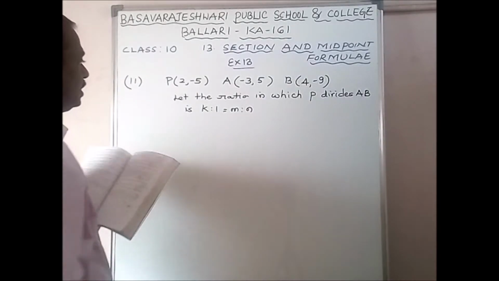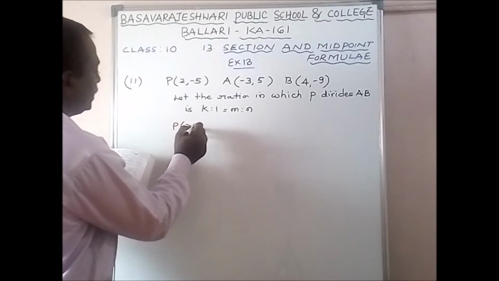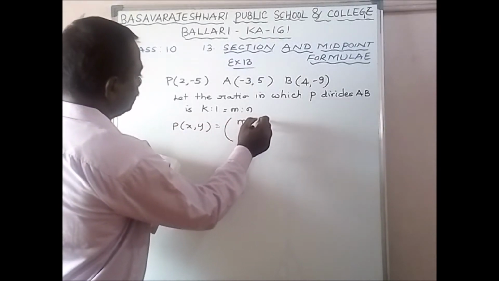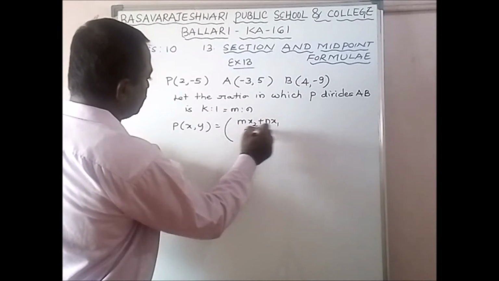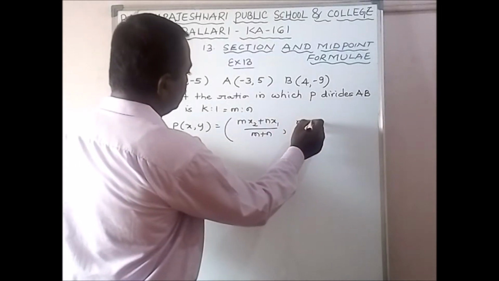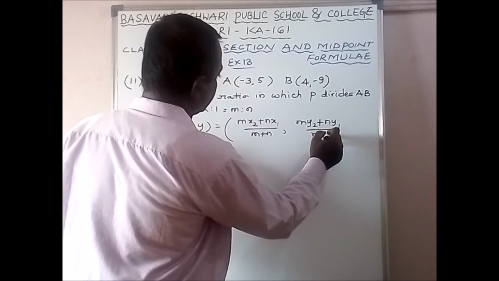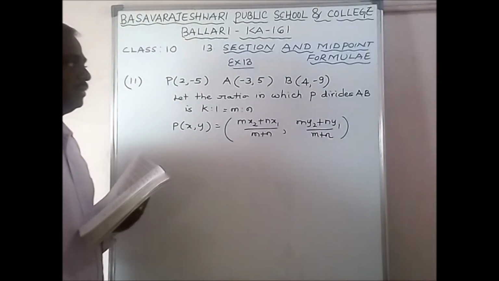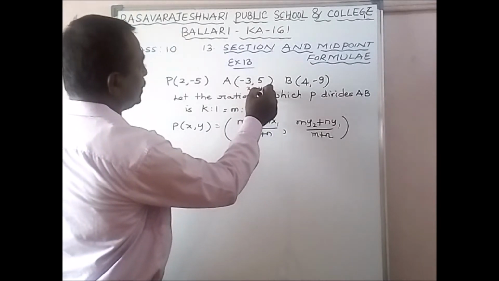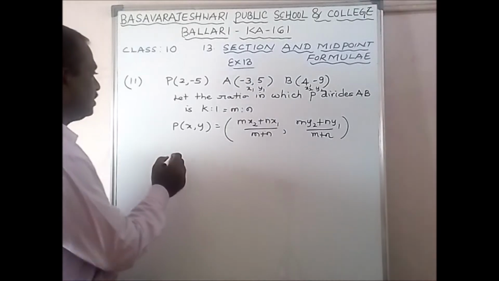And now we know the section formula. P(x, y) is equal to (mx2 + nx1)/(m + n), (my2 + ny1)/(m + n). Now we have to substitute the values. This is x1, y1 and this is x2, y2. Now substitute the values.